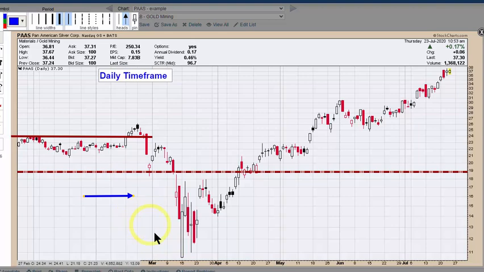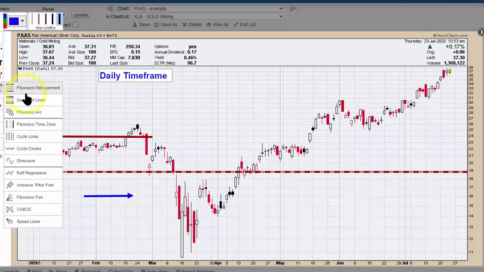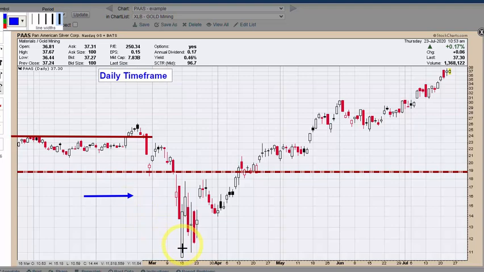How would you do that? I'm going to go back to the Fibonacci retracement tool. I'm going to go from the low to the swing high. Here again, 50% retracement, half back of the move. That's often a great place to get long at just below the swing low.